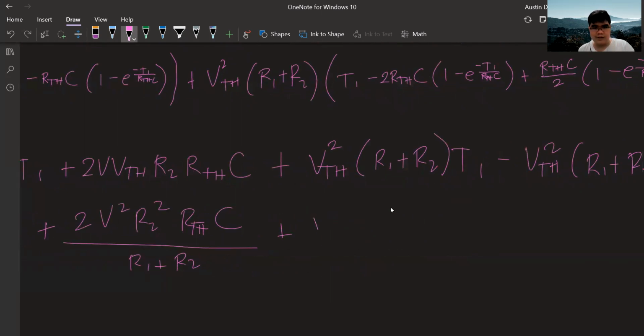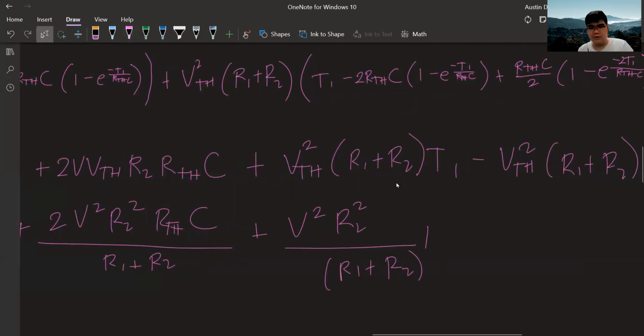So this one is V squared, tapos R2 squared. Tapos yung sa denominator, R1 plus R2 na lang kasi squared dapat 'to pero may extra term sa ganito. So, that cancels out.